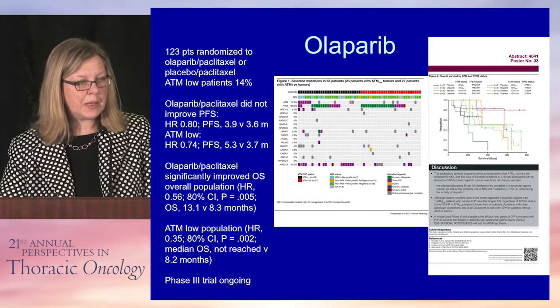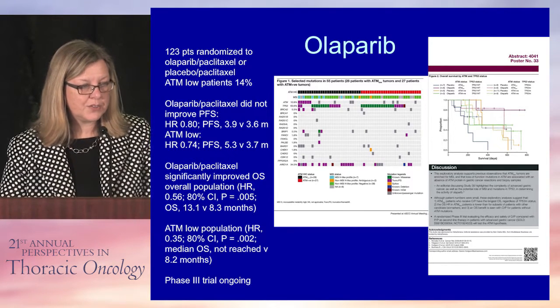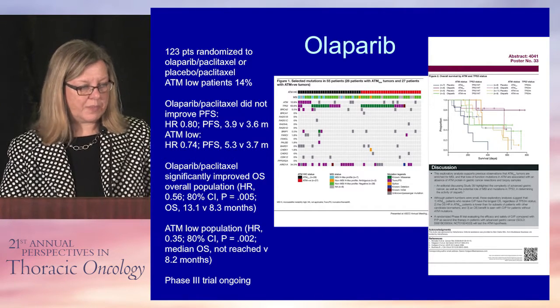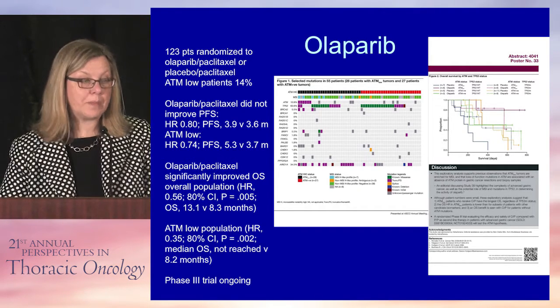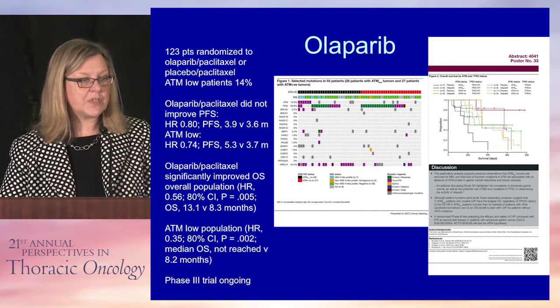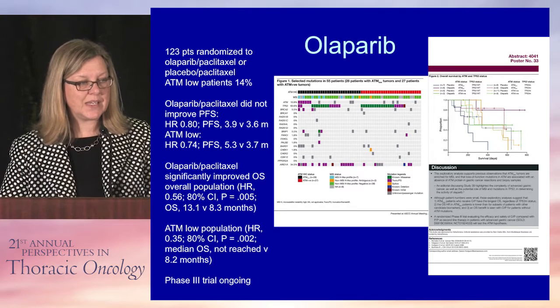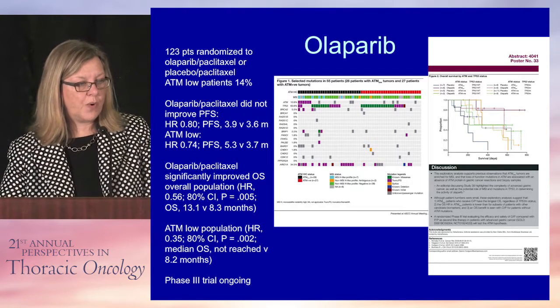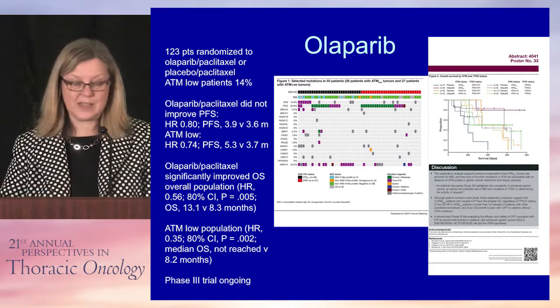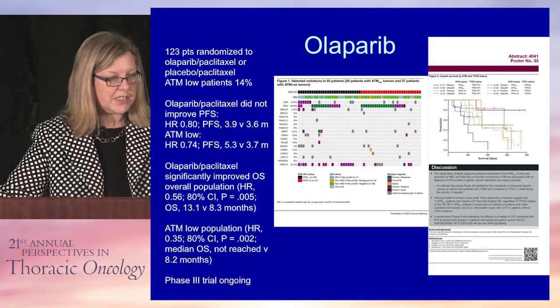So there was a randomized phase 2 trial, 123 patients, randomized to paclitaxel with olaparib or paclitaxel with placebo, and there was a pre-specified subset analysis for those patients where the ATM expression was low. Unfortunately, there was only about 14% of the patients.